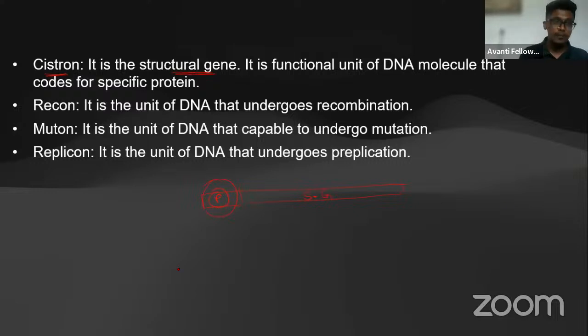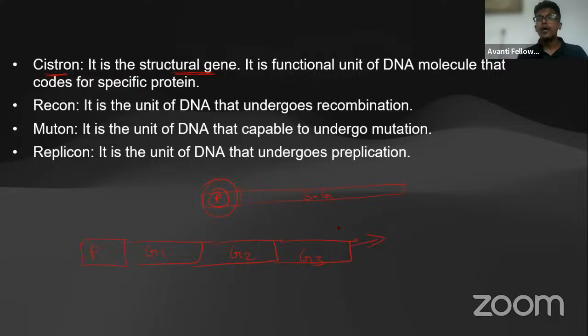Now sometimes in this cistron, if you have one promoter, and let's say this is gene 1, this is gene 2, this is gene 3. So this is G1, G2, G3. Now you see that there are more than one cistron, correct? So you can divide the whole genes into polycistronic as well as monocistronic.